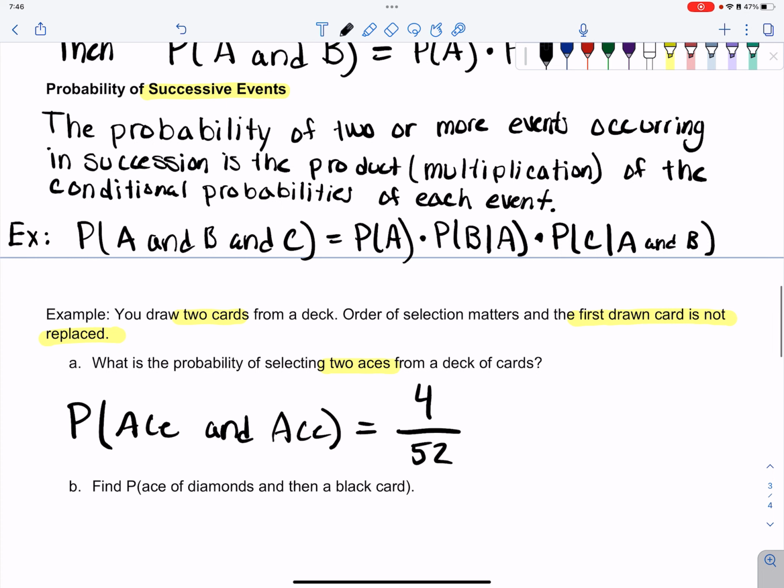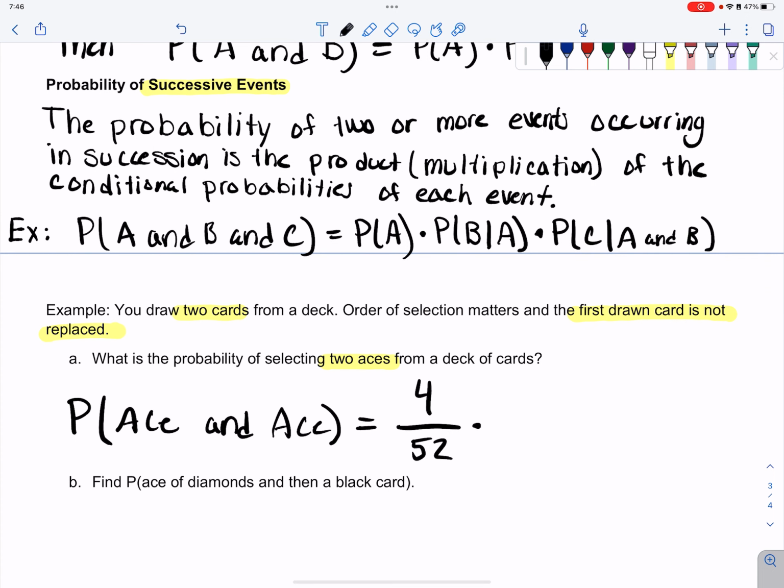Now we need to multiply this by our probability of the second card being an ace, assuming that with the first one we actually got an ace. So we are under the assumption that we pulled an ace for that first card, and now that ace is no longer in the deck. It is sitting out to the side because it is not replaced.